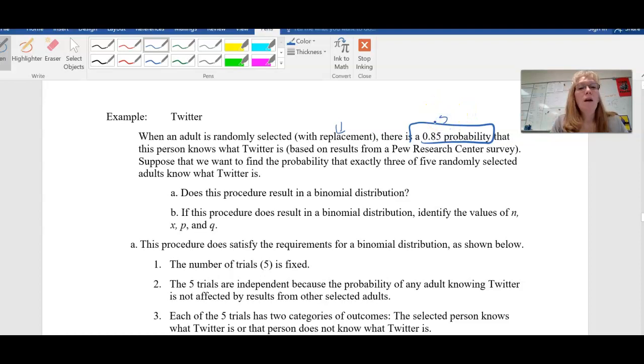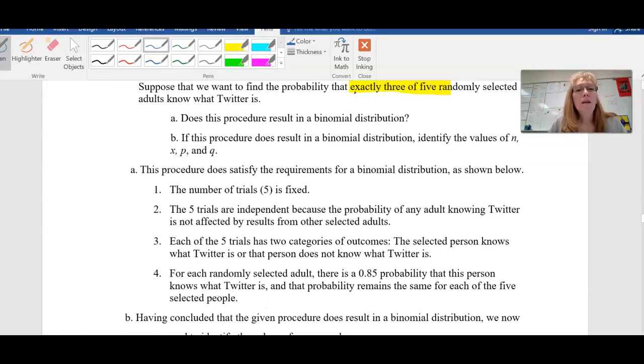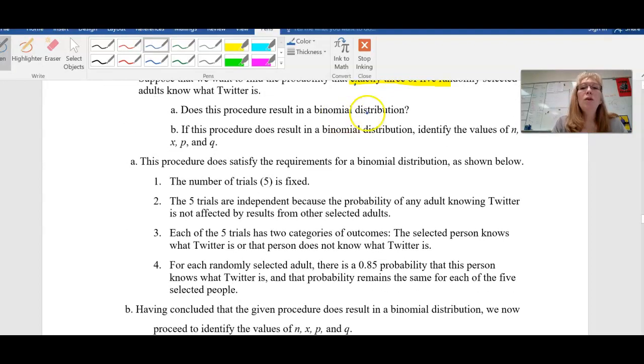Suppose we want to find the probability that exactly 3, this will change later on, but right now we're doing exactly 3 of 5. Important to know. Does this procedure result in a binomial distribution? Does it meet all of our requirements? Identify the N, the X, the P, and the Q.